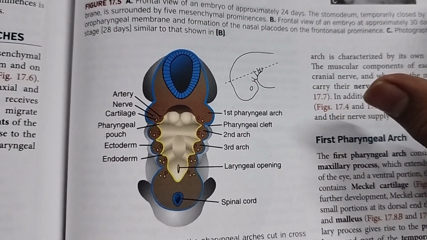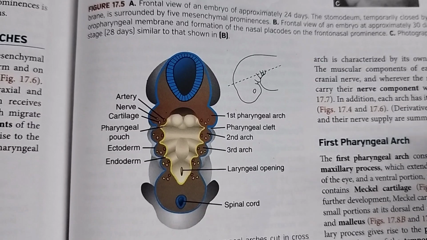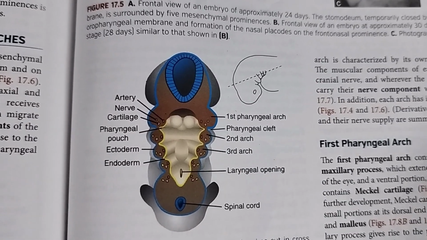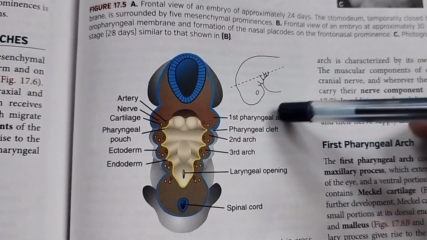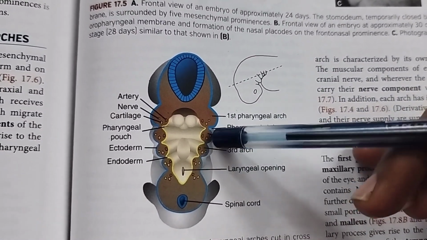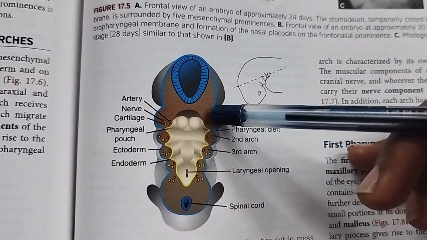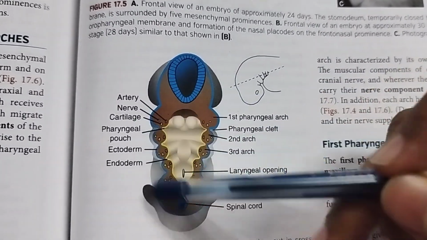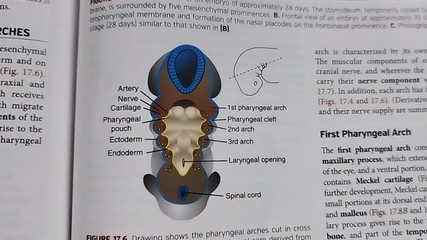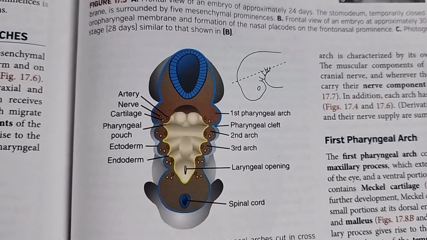Mesenchymal tissue is an undifferentiated connective tissue. It can give rise to many other tissues in the body. So an outer ectoderm, inner endoderm, and in between them a core of mesenchymal tissue. This is the structure of pharyngeal arches.